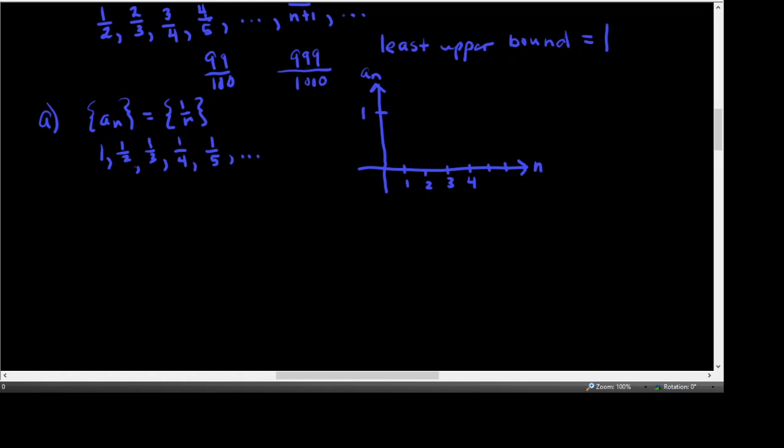Okay, so when n is 1, we got 1, 2, 1/2, 3, a third, 4, a fourth, 1/5, 1/6, etc. So in looking at this one, does it seem to be bounded above?